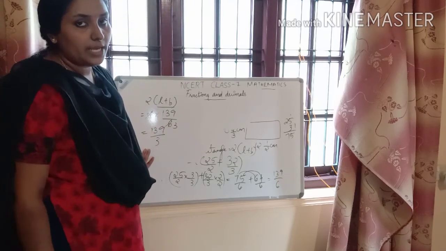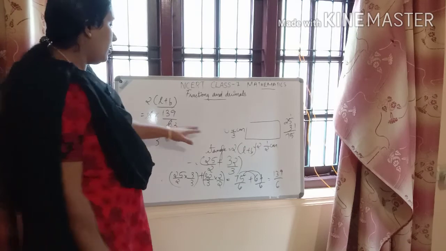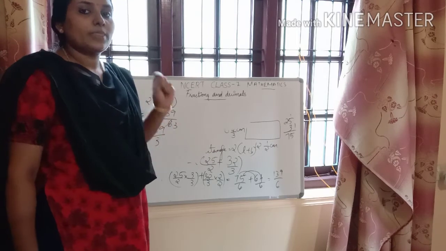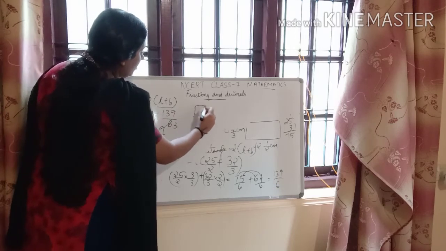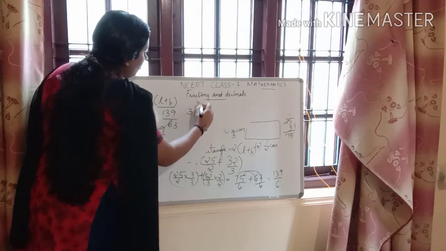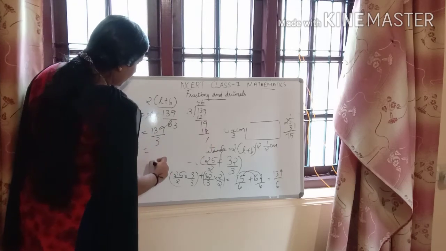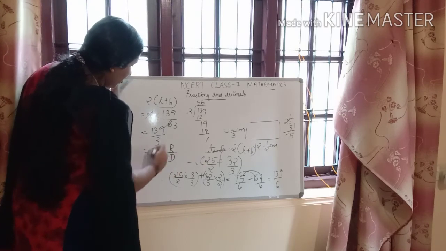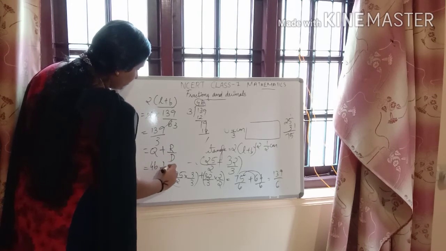We should write the answer in mixed fraction, because the length and breadth are given in mixed fractions. 3 4s are 12, 3 6s are 18, remainder 1. That is quotient plus remainder by divisor: the quotient is 46, remainder 1 by 3 centimeter.